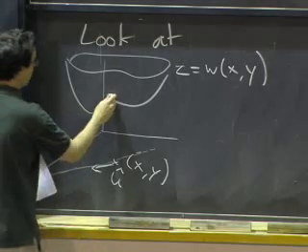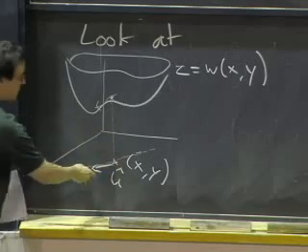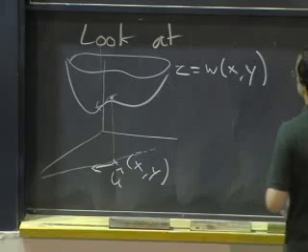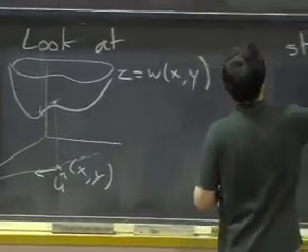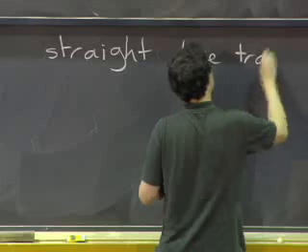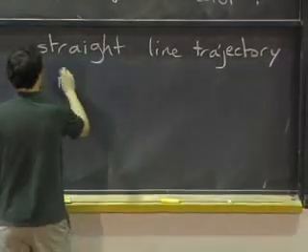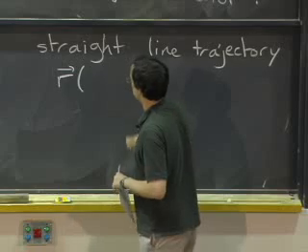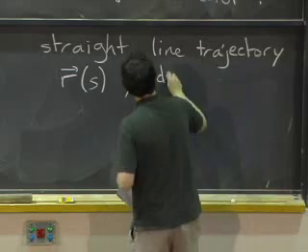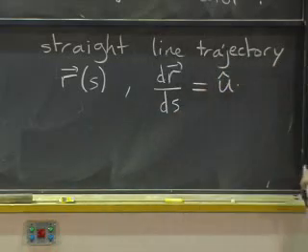And I'm asking myself, how quickly does the value change when I move on the graph in that direction? Okay, so let's look at a straight line trajectory. So we have a position vector r that will depend on some parameter, which I will call s. You'll see why very soon, in such a way that the derivative is this given unit vector u hat.